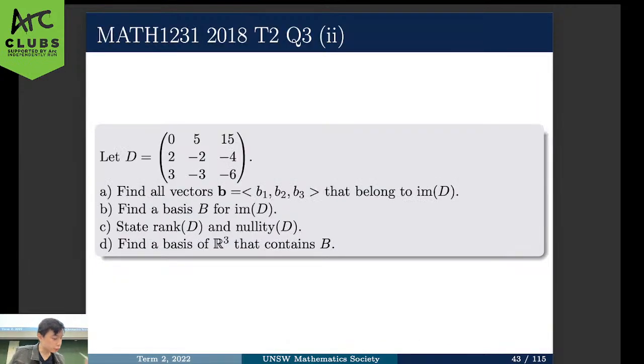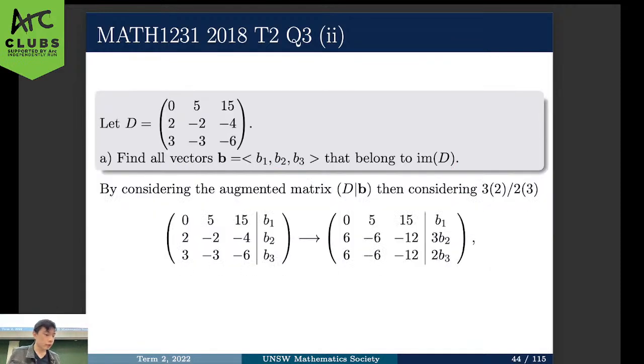So we have a matrix D right here. It's a 3×3, and we want to find every single vector B which belongs to the image of D. The way we do that is essentially seeing if it's in the span.